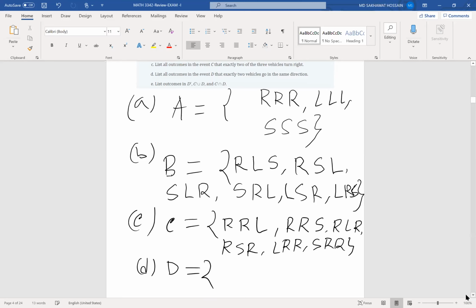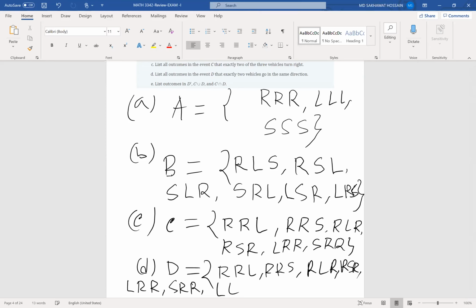So for exactly two right, we have RRL, RRS, RLR, RSR, then LRR, SRR.